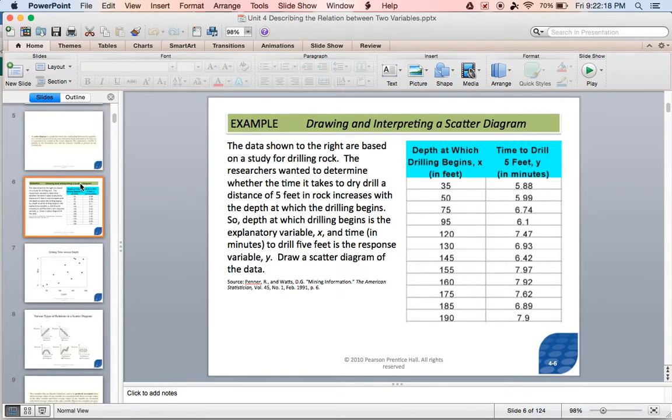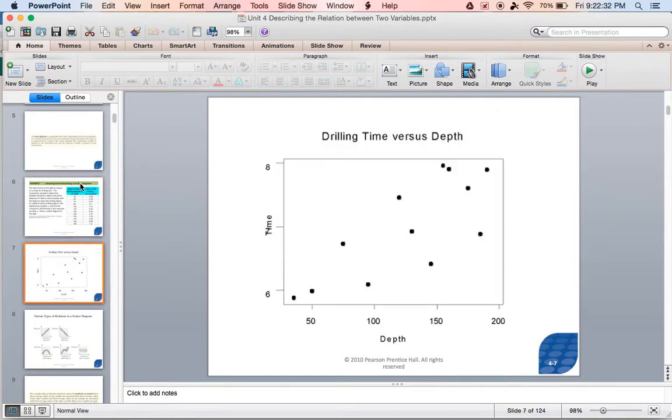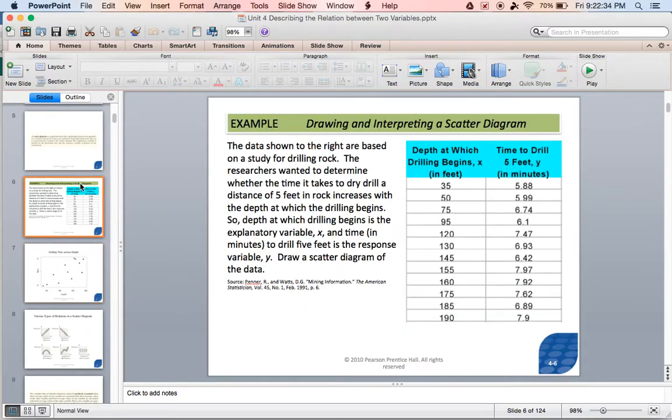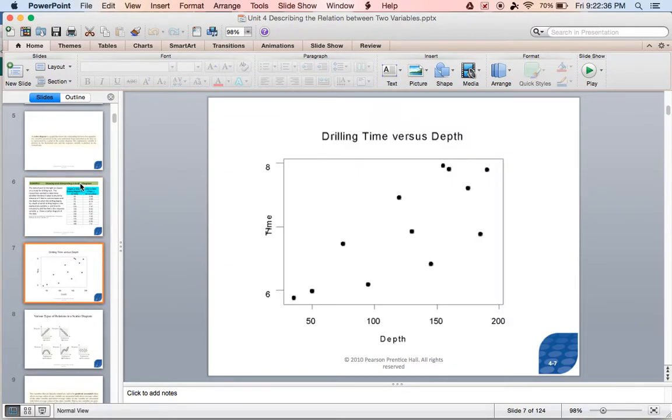We're going to come back to this and really use those data points to show how we can interpret different things. So if you look here, those particular values, x and y: your depth, which is your x or your independent variable, and in this case the explanatory variable, and time on the left and the y-axis.